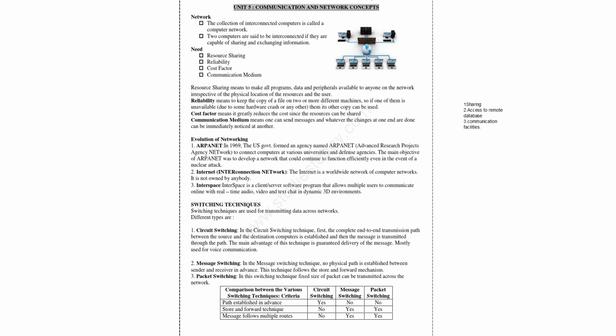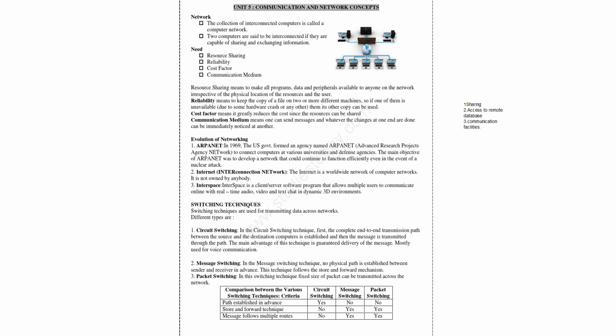The goal of this project was to connect computers at different universities and US defense. The full form of ARPANET is Advanced Research Projects Agency Network, to connect computers at various universities and defense agencies.